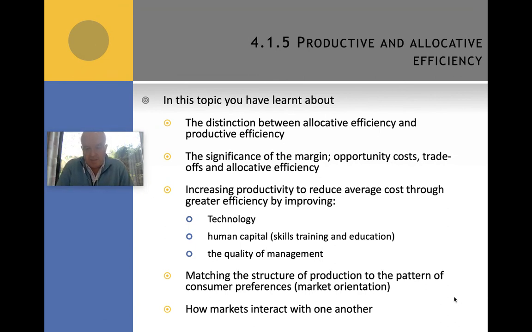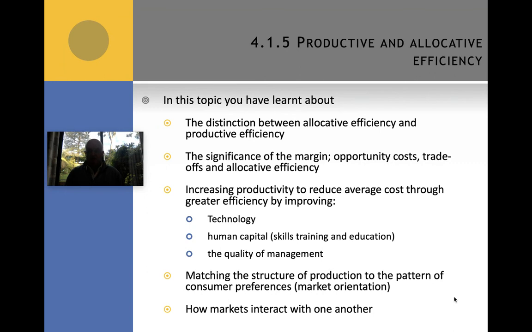And in this instance, we've also looked at ways in which we might be able to increase productivity in order to reduce average cost, and obviously by producing more efficiently, then clearly that hopefully is going to allow us to, number one, produce at a productively efficient rate, but also when we take into account customers' requirements and their level of satisfaction and utility, we might also be trying to influence allocative efficiency too.